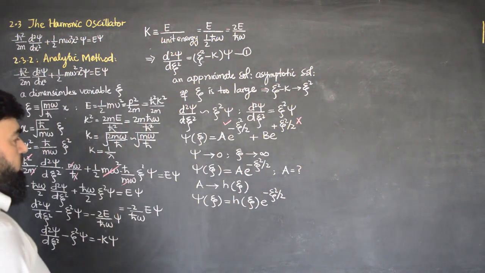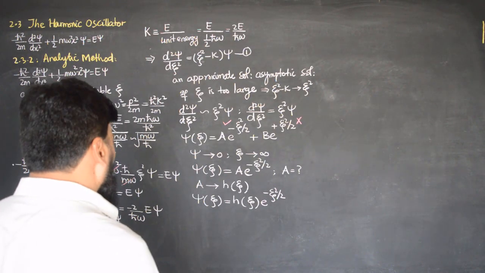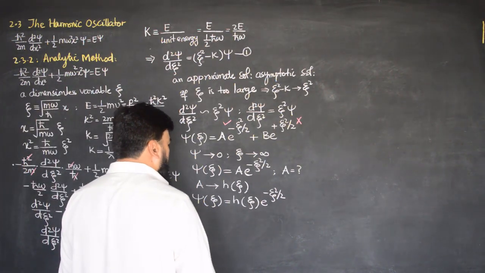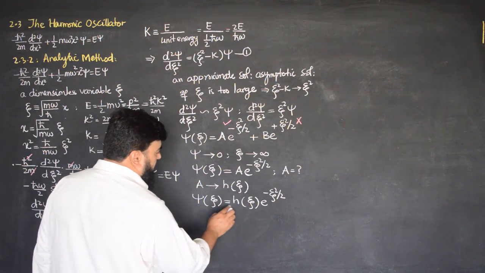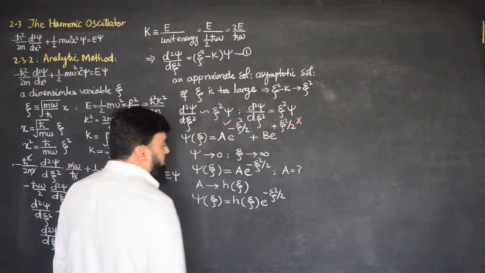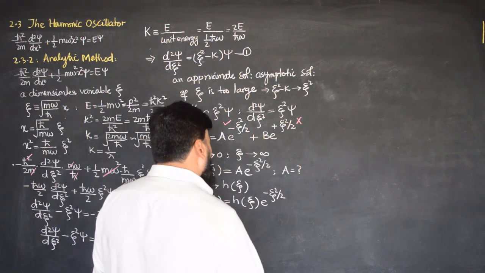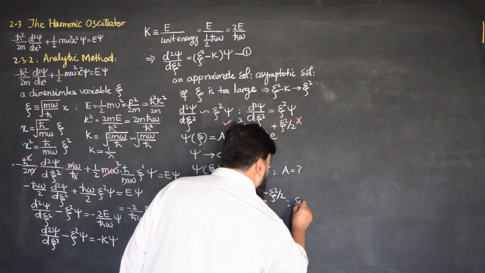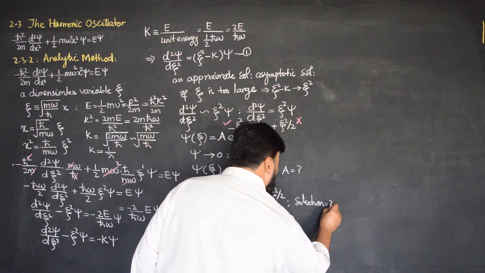Now this is our solution, and we will have to go on with this solution. In a compact form, I can write it as psi equals H e to the power minus xi square by 2. Now how to solve this equation? Its solution is now required.